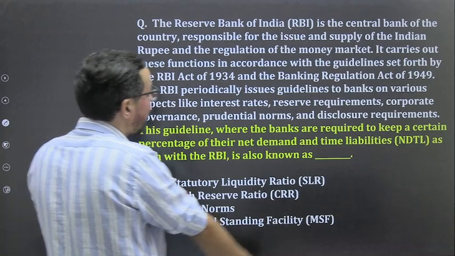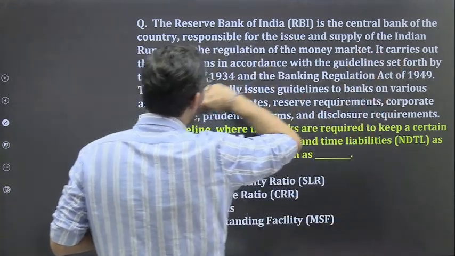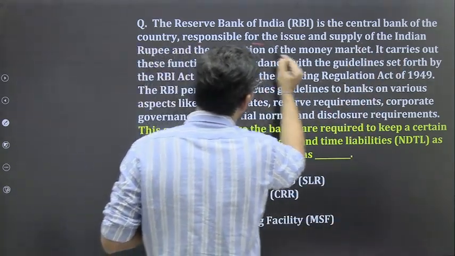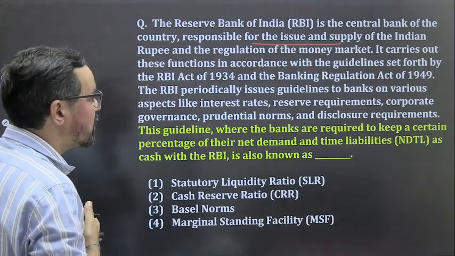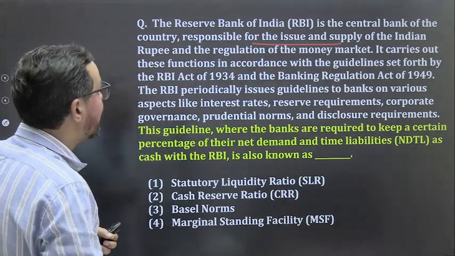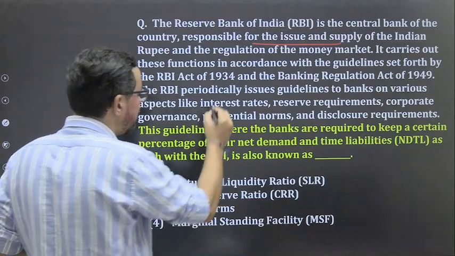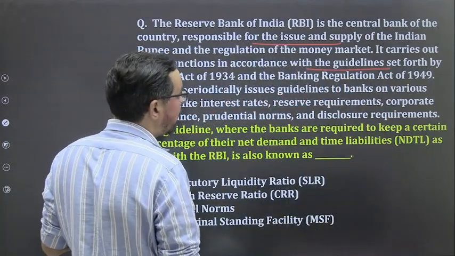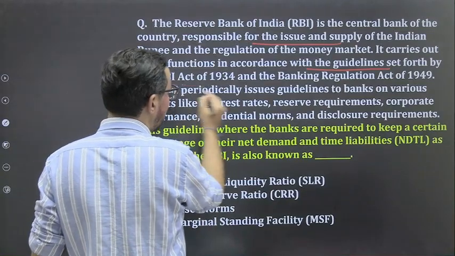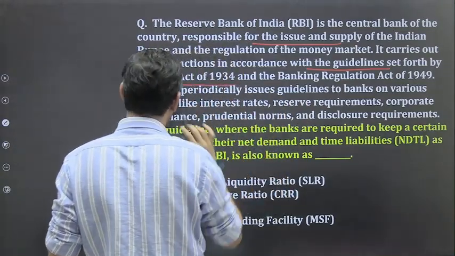The Reserve Bank of India is the central bank of the country, responsible for issue and supply of Indian rupee and the regulation of the money market. It carries out these functions in accordance with the guidelines set forth by the RBI Act 1934 and BR Act 1949.